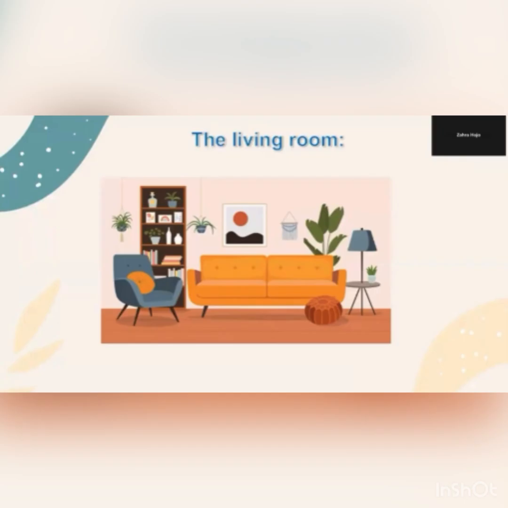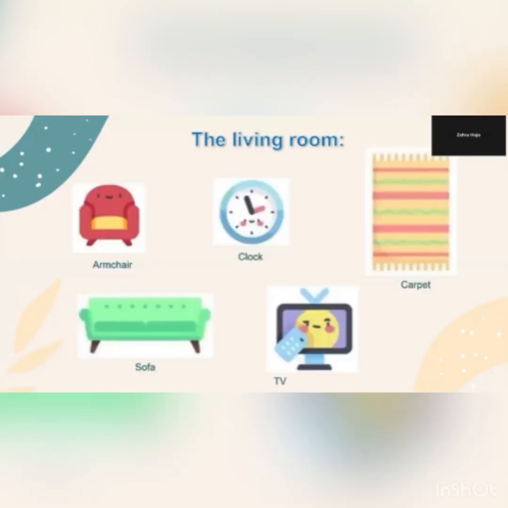The living room is a big, comfy room in the house where the family spends time together. We sit, talk, play, and sometimes watch TV or read books here. Here are the living room's furniture.